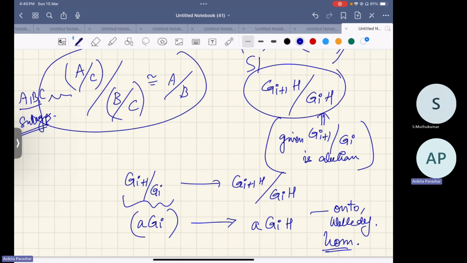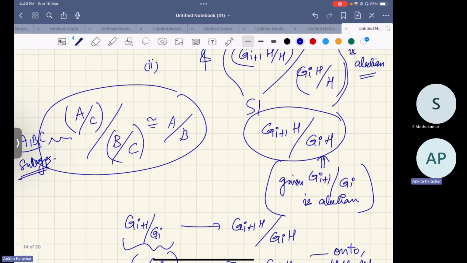Because once you have cosets, I doubt it's 1 to 1. But I think we don't even need that. Why? Can you say that we don't need that? Because of the subgroup solvability that you have proved now. So therefore, it is easy to say that this is abelian.